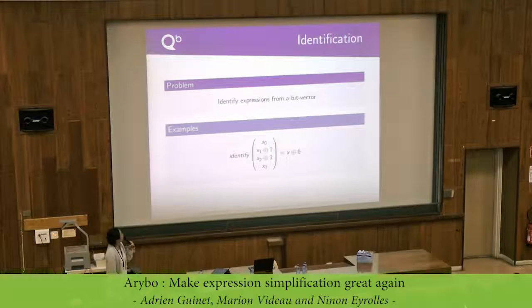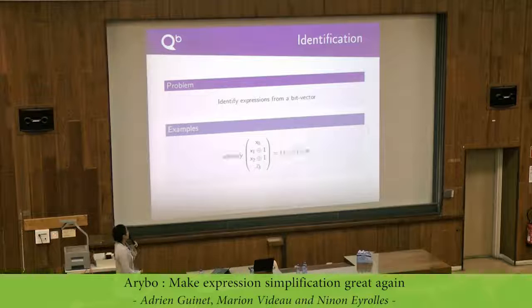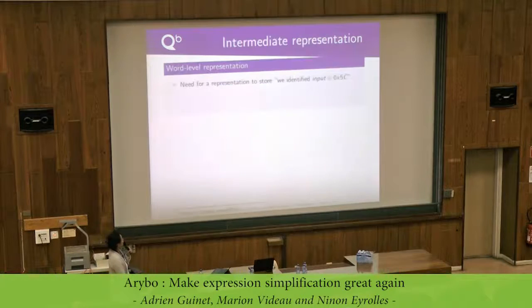So, what do we want to do with identification? It's just providing Arybo with a vector with variables and constants, and we want it to output these kinds of things. And it works with this one, this one, and this one.